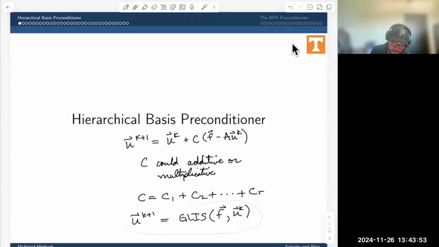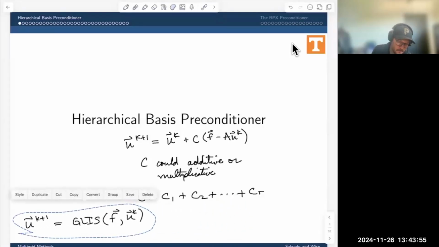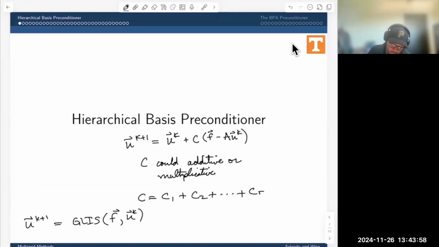What happens if I put in, and we don't have to use F here, we can use, let's say, a G. What happens if I put G and the 0 vector into the GLIS? What do I ultimately get? Well, this will be 0. This will be 0. And the application of the GLIS is just going to be C times G.